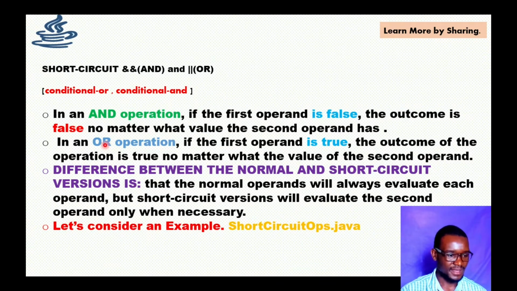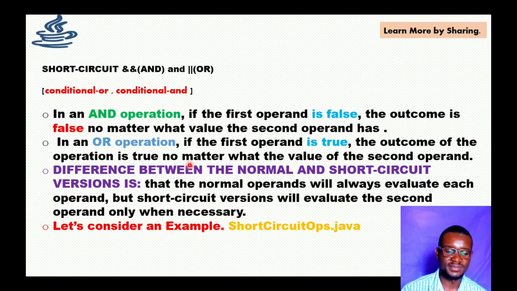The same applies to the short circuit OR. In an OR operation, if the first operand is true, the outcome of the operation is true no matter what the value of the second operand is.